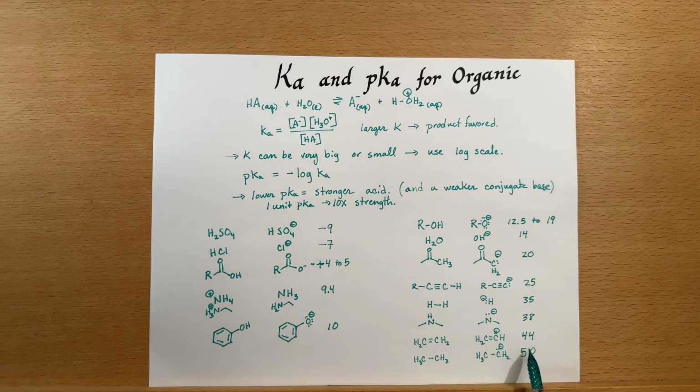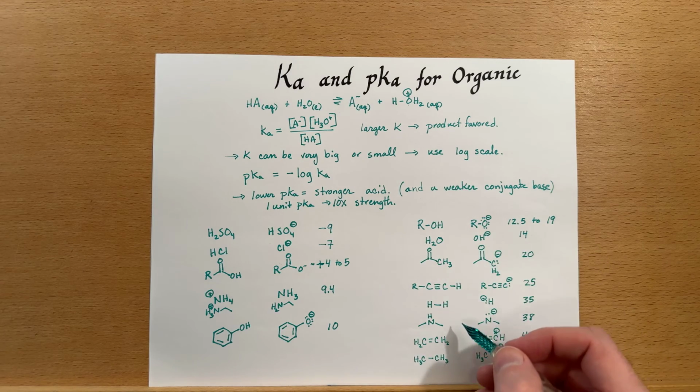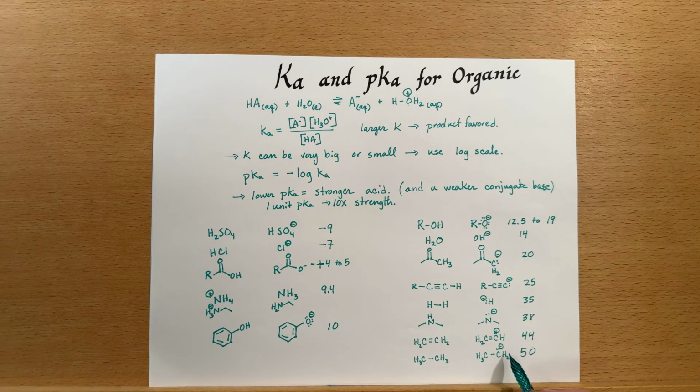Since it's such a weak acid, since it is very hard for the proton to come off, conversely, that translates into an extremely strong base. So these are very reactive. They will take off protons of other things. Anything further up the list, if we have this species here, it will take the proton off.